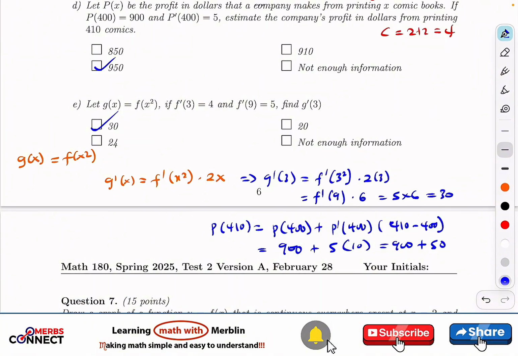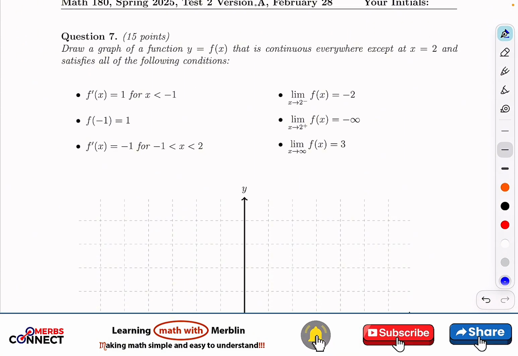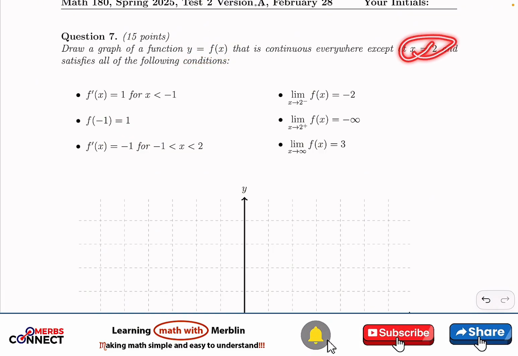Okay, let's finish it by solving question 7, then we are done. Okay, so it's about sketching. So draw a graph of a function y is equal to f of x that is continuous everywhere except x is equal to 2. So x is equal to 2 is like a vertical asymptote because it's except, and that satisfies the rest of this.